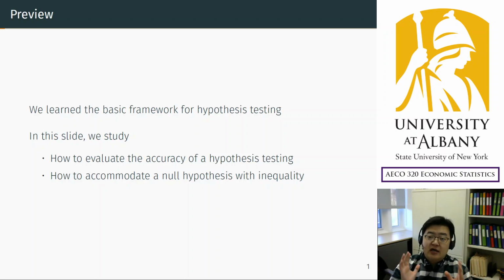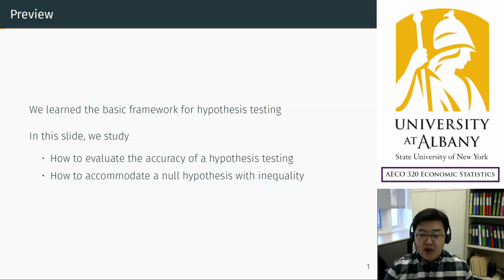But actually, the hypothesis can take different forms. It can be defined with an inequality or in other forms. Earlier, I only considered the mean equal to certain values. But in most cases, hypotheses are formulated with an inequality.